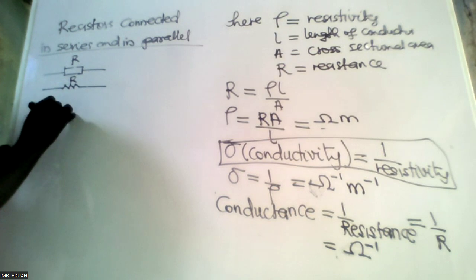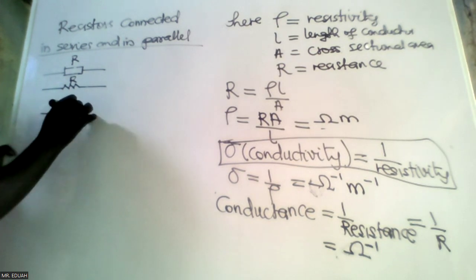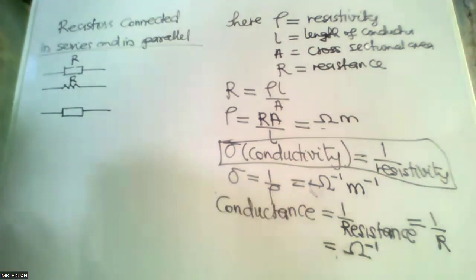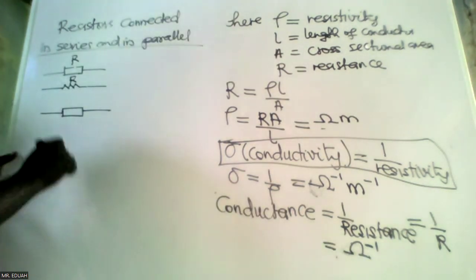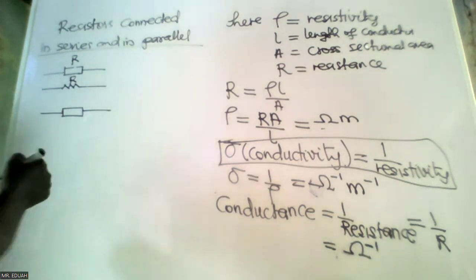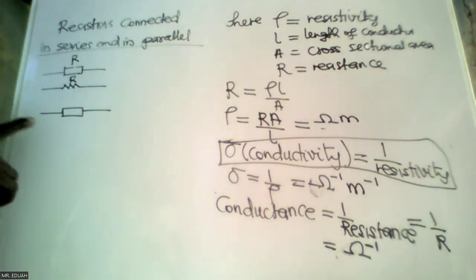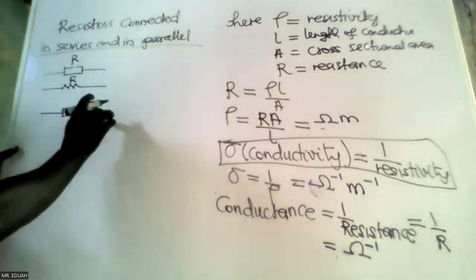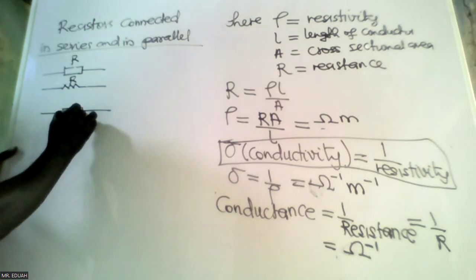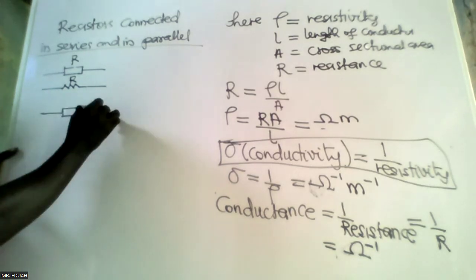Two resistors connected in series is like standing next to each other. Resistors are not like cells where there is polarity, positive and negative. What you see here are wires.